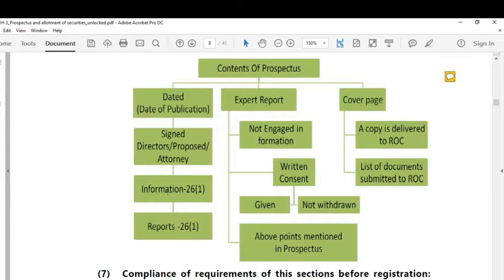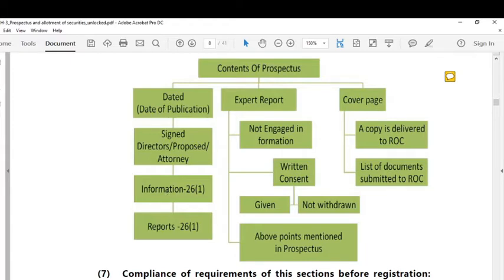So the information under section 26 subsection 1 should be mentioned in the contents of the prospectus, stating that the prospectus has been registered with the Registrar of Companies where its jurisdiction exists.